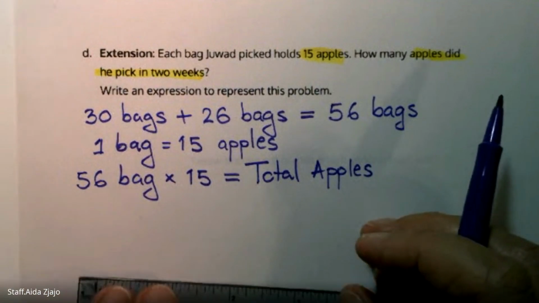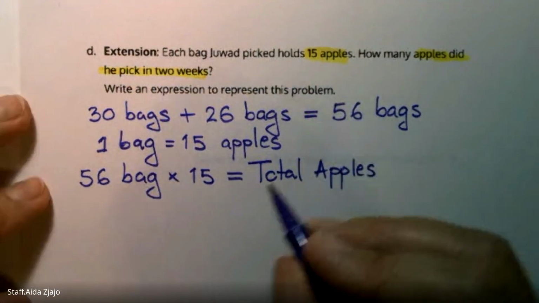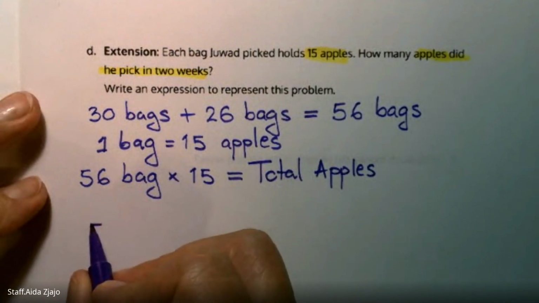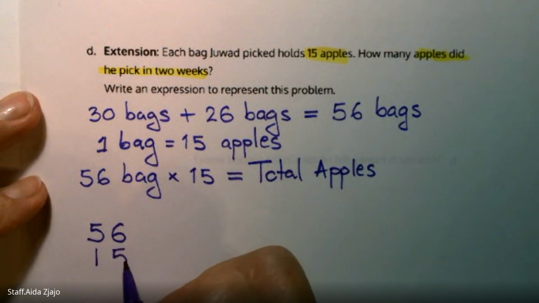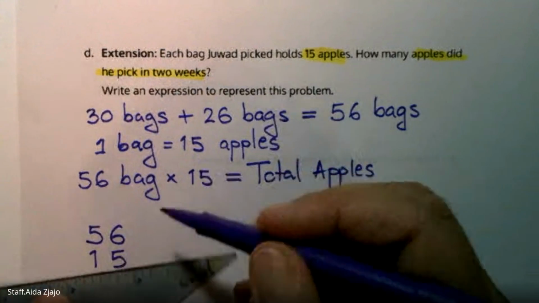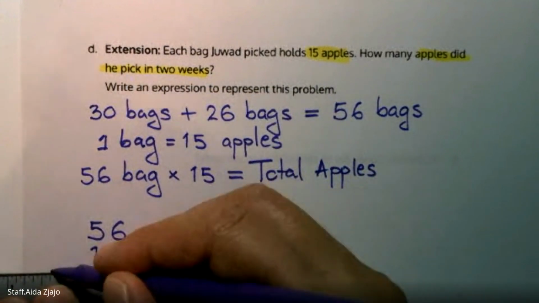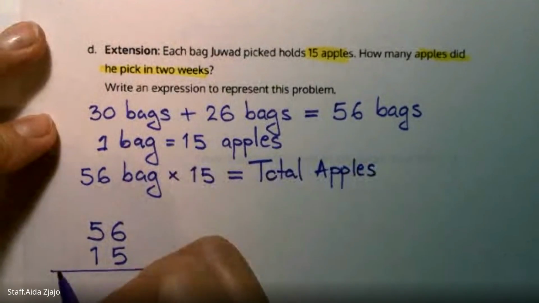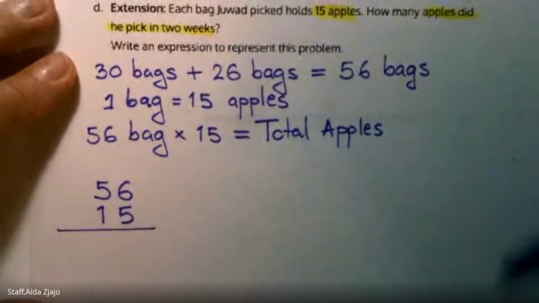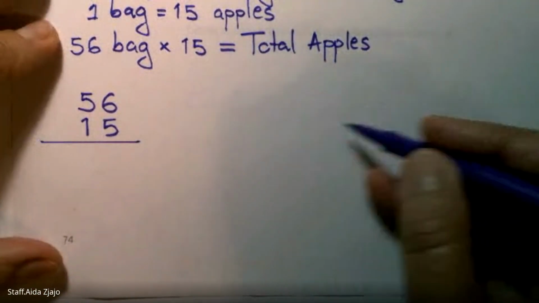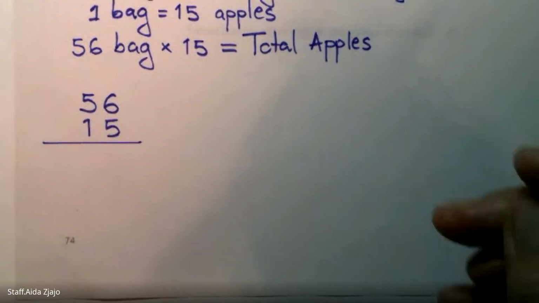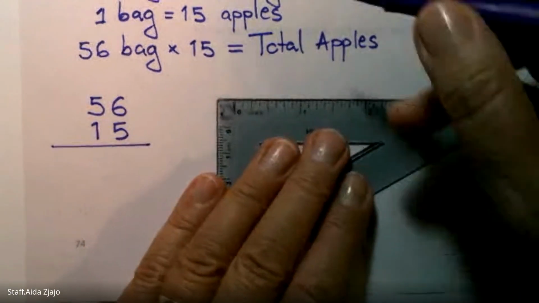So let's do the standard algorithm first. 56 times 15. Okay, and we can also do the area model here to check it out. So let's do the area model.